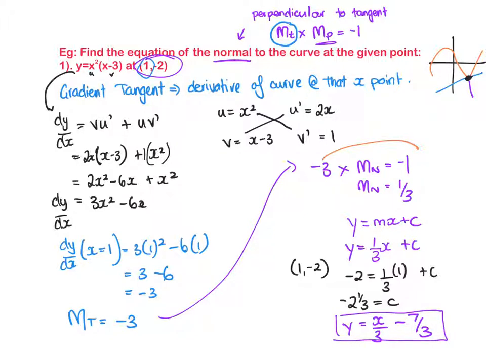Okay? Just a quick memory back to things like this. Sometimes they don't have fractions. So if they were getting rid of all those fractions, you might see that formula written as 3y equals x minus 7. I'm just timesing everything by 3 to get rid of the fraction, and you can do that.